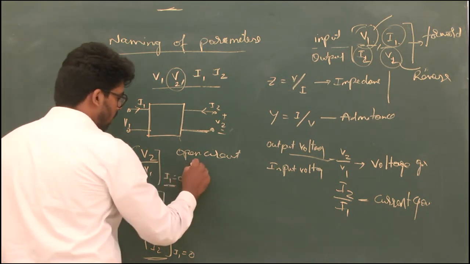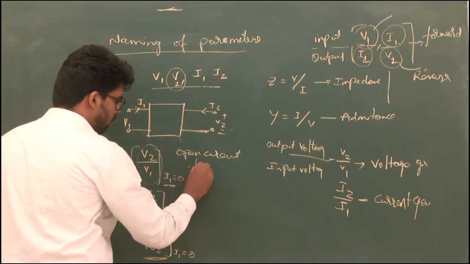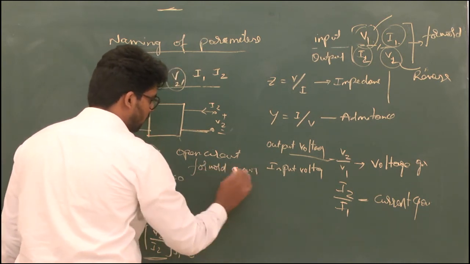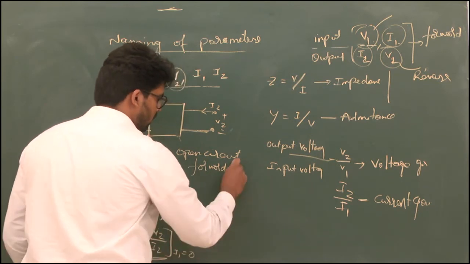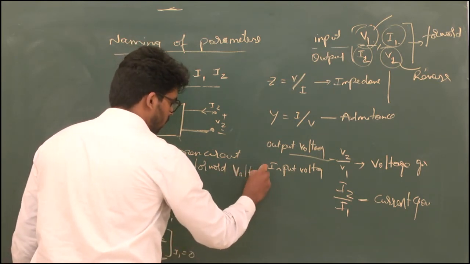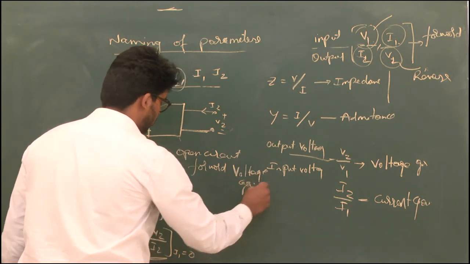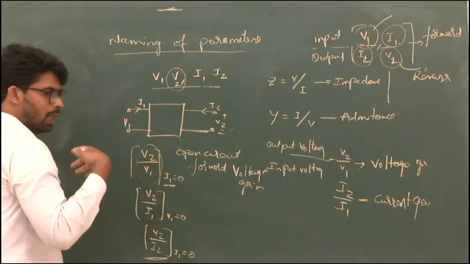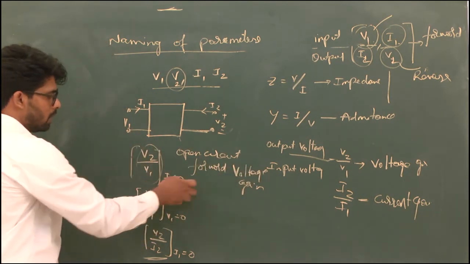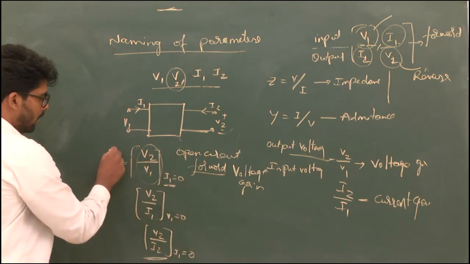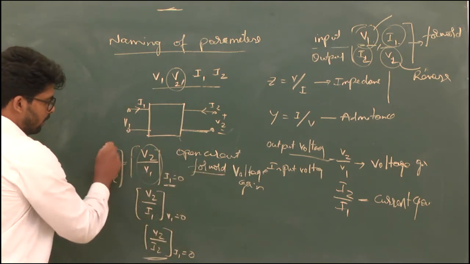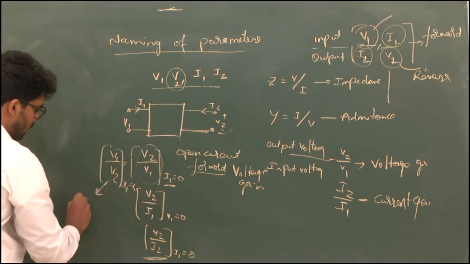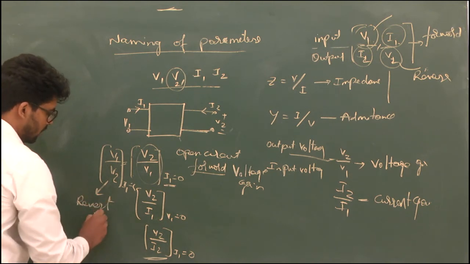We call this the forward voltage gain, V2 by V1, because we need response by input; output by input is the forward thing. If we get V1 by V2 with I1 equal to 0, it is named reverse voltage gain.